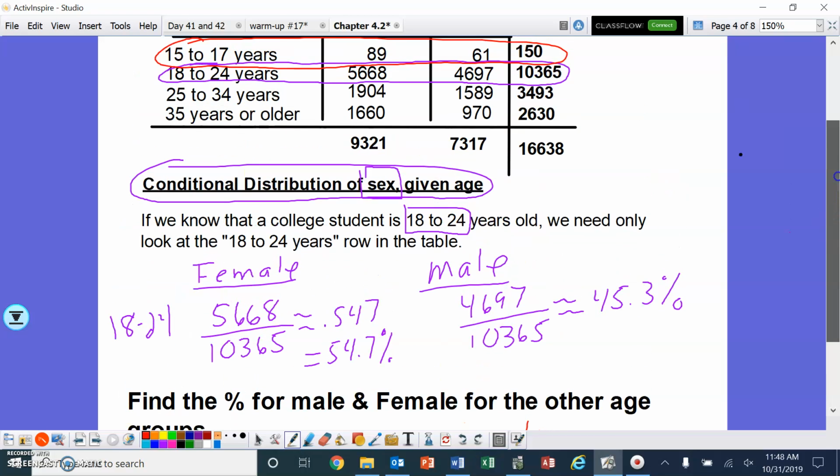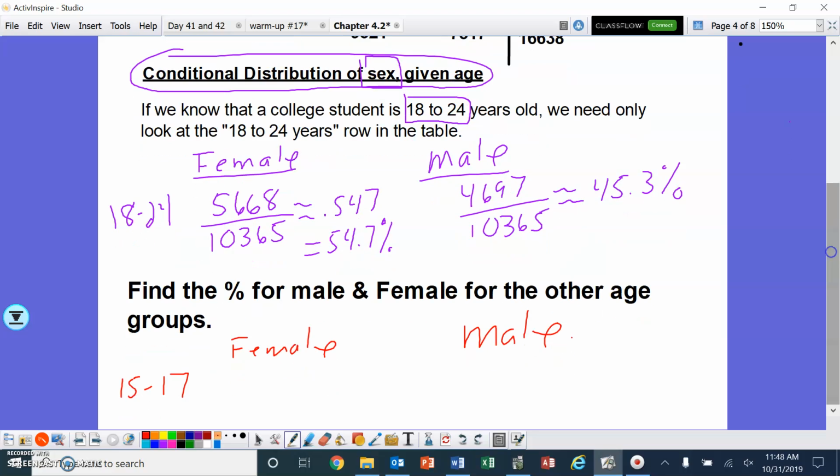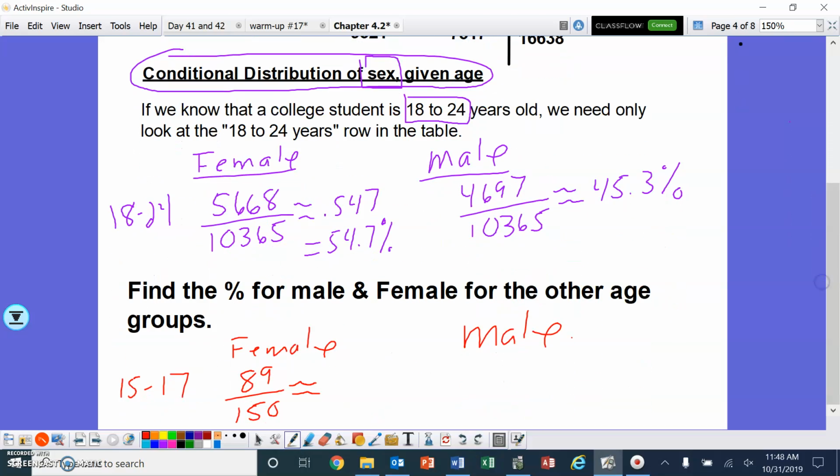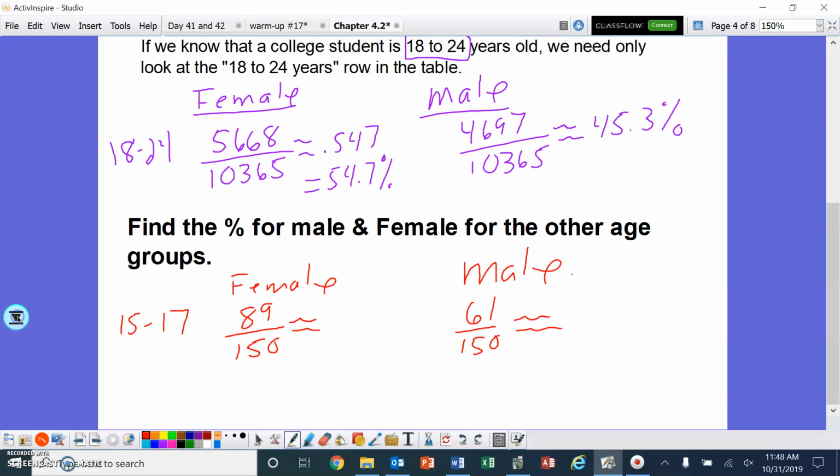So it looks like we're going to take 89 and divide it by 150. All right, I'm going to let you go ahead and find that decimal. You may need to pause the video because I'm going to keep right on rolling. For the males, that would be 61 divided by 150. All right, we already did the 18 to 24.